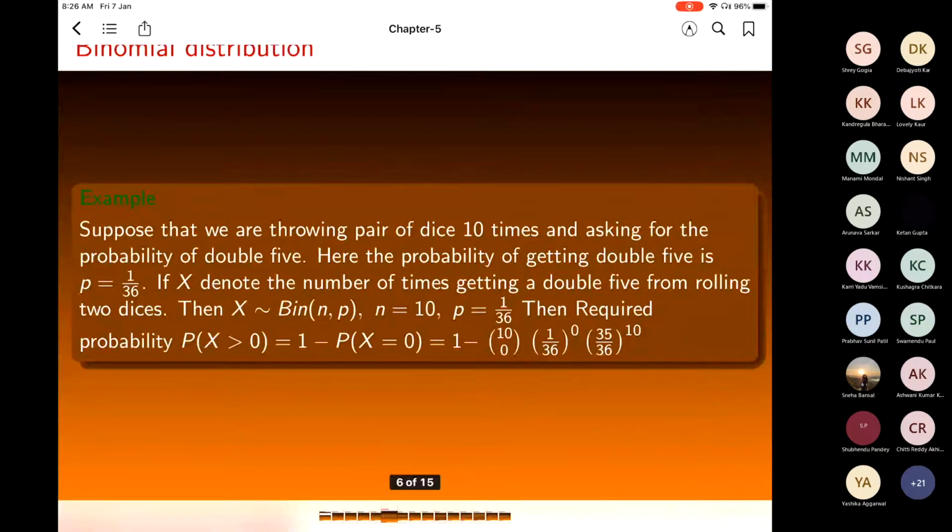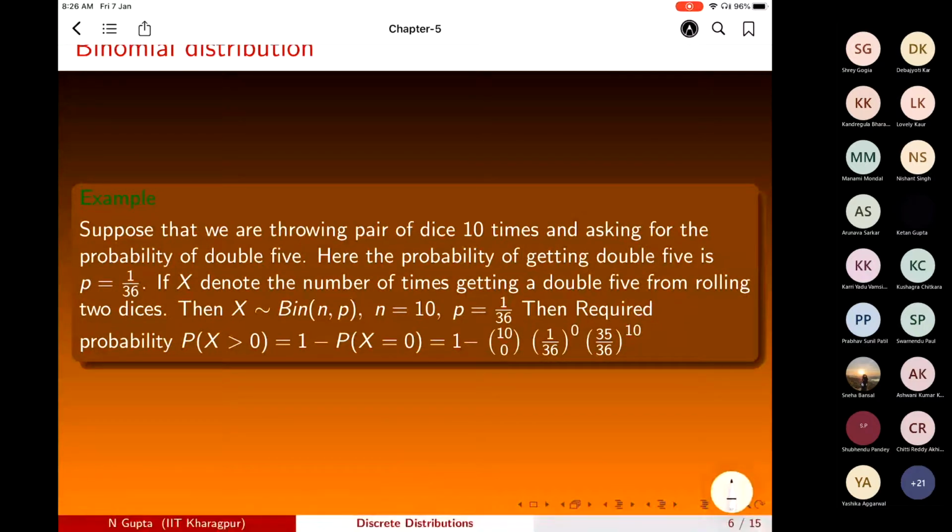Let us take this example. Suppose we are throwing a pair of dice 10 times and asking for the probability of a double 5.